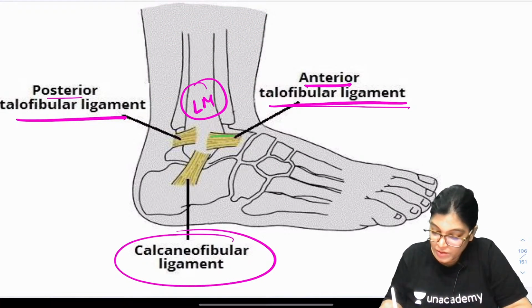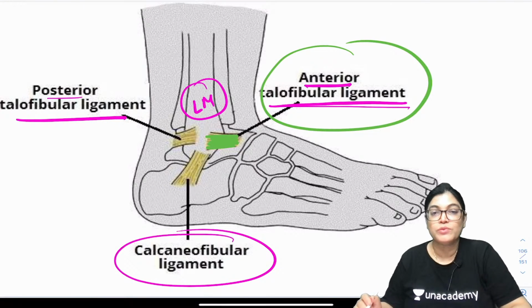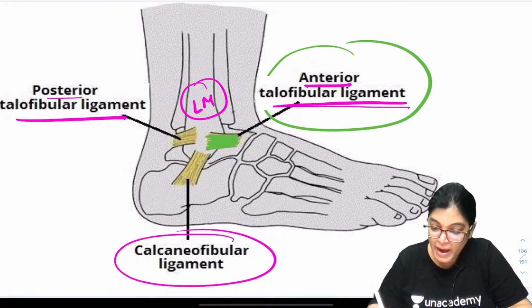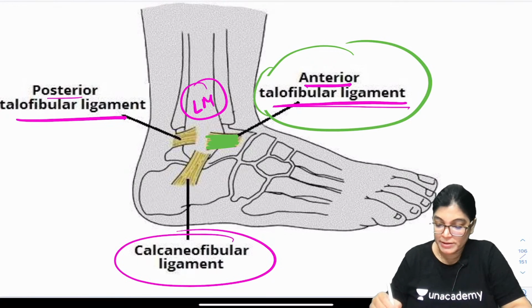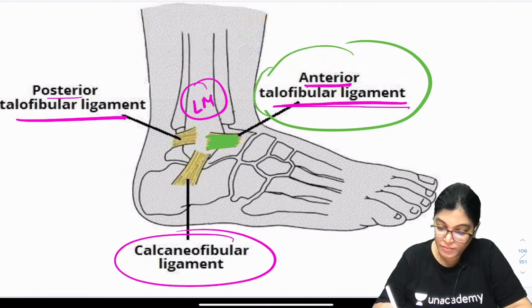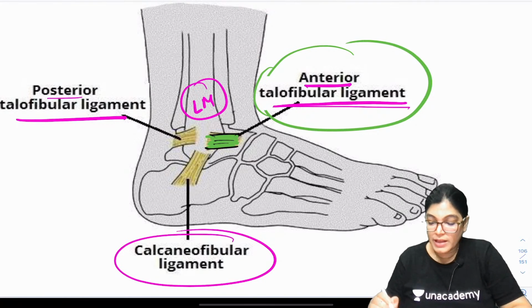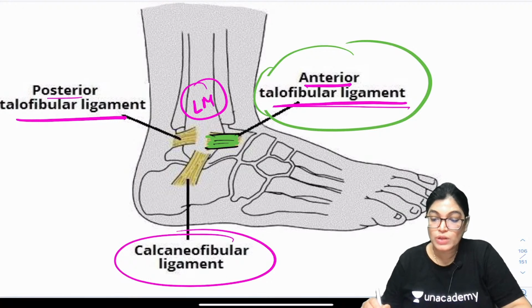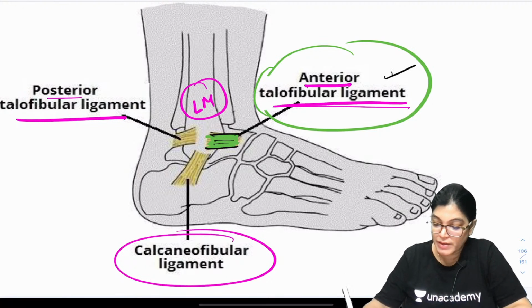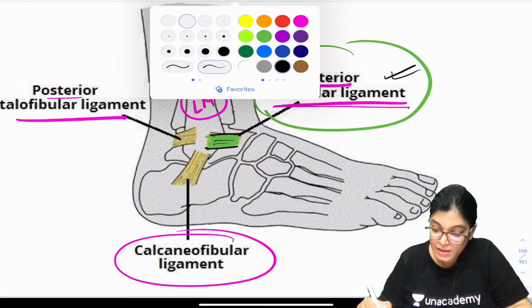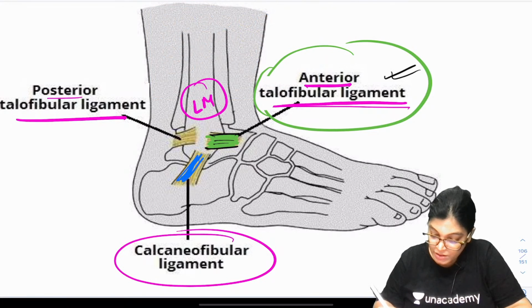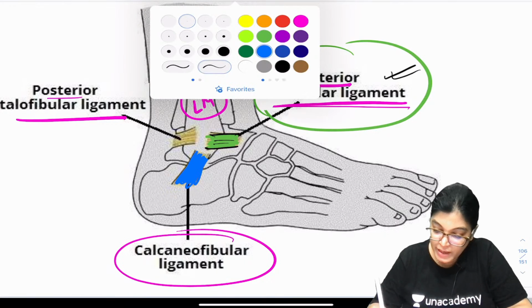In the anterior aspect, it diverges to form the anterior talofibular ligament, attached from the lower end of the lateral malleolus to the neck of the talus.